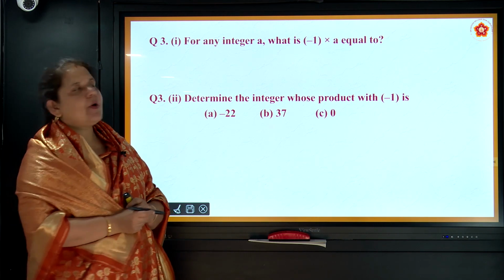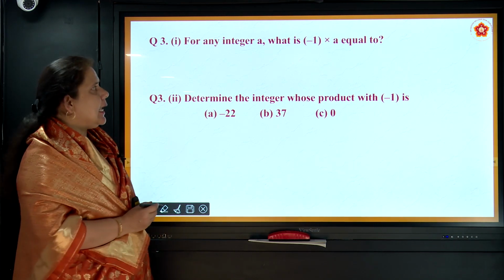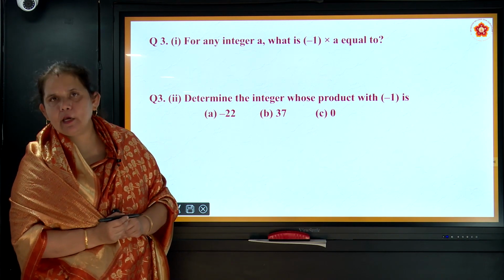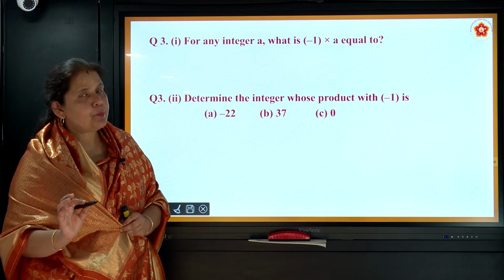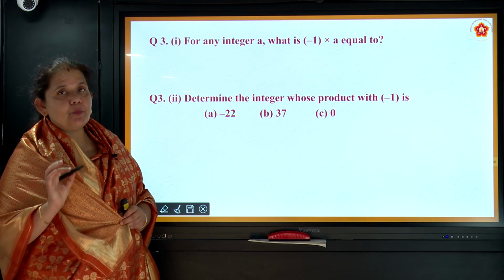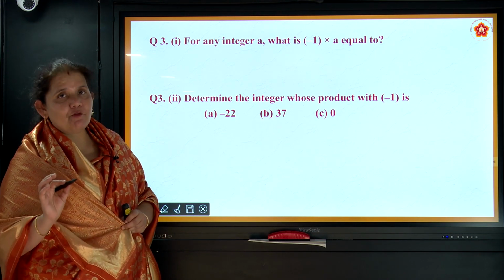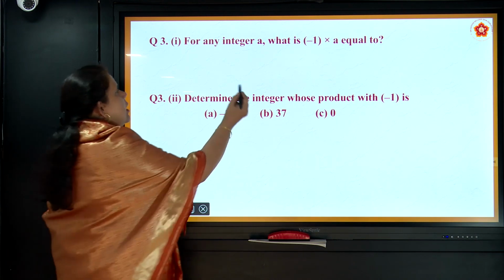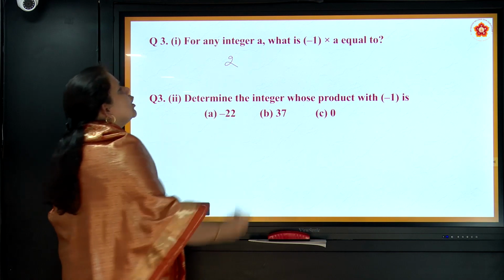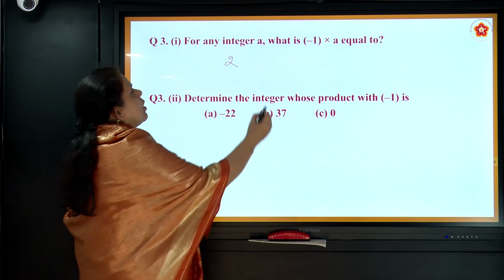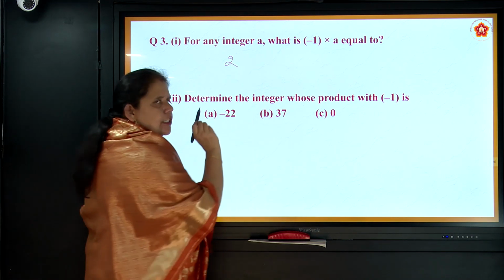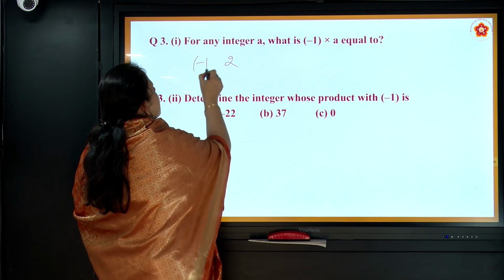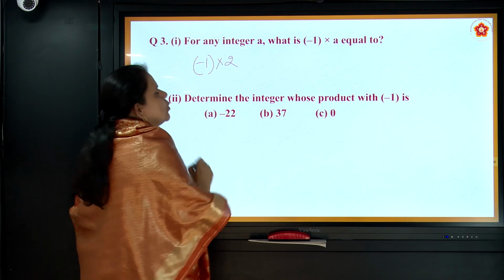In this particular question, for any integer a, what is minus 1 into a equal to? This is very simple, but if you get confused by the usage of alphabet, take a number. That will make the thing simpler for you. Instead of a, you can take 2. So, for any integer 2, what is minus 1 multiplied by 2?